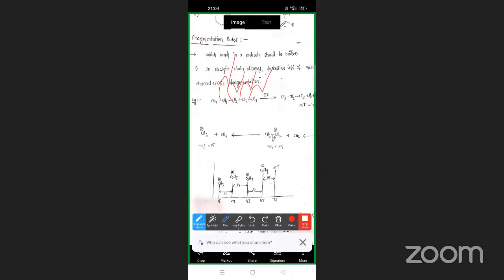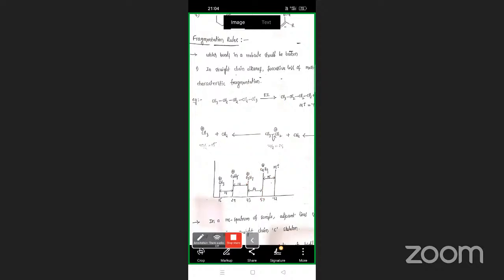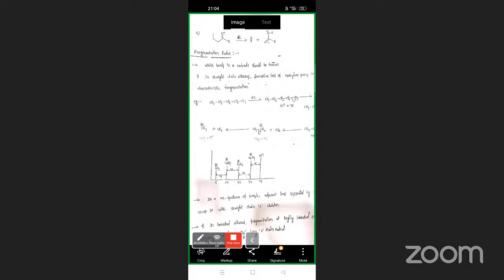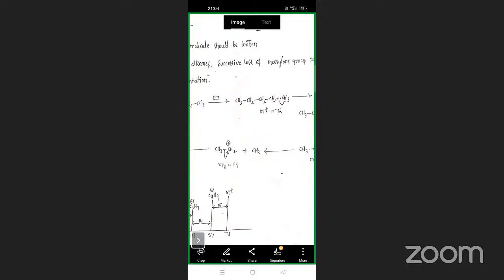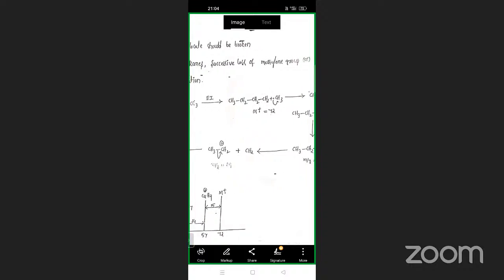Methylene is the 14 unit, because CH2 is 12 plus 2, 14. So sequential removal of 14 units is the correct pathway. Here you can see with electron impact, first we removed this methyl group, then its molecular weight is 72.